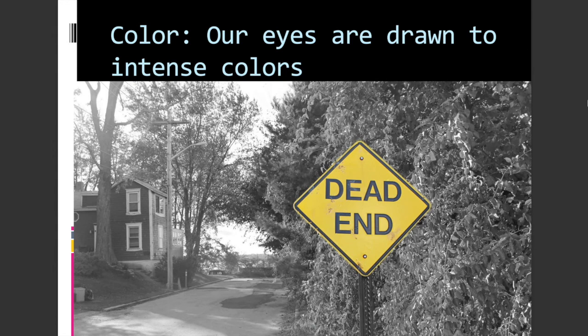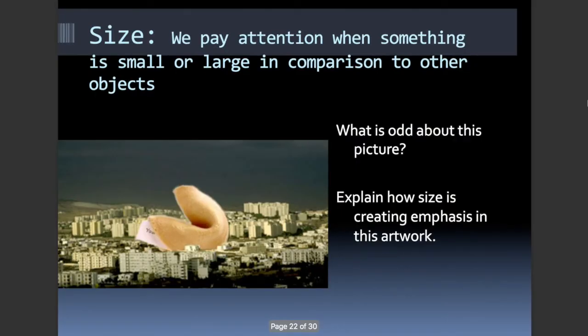One way to get attention is with color, right? That's why traffic cones are bright orange. Color is an easy way to get people's attention. It's used in advertisement all the time. Another way to get attention is by changing the size of an object so that it's not its typical size, whether that's larger or smaller.